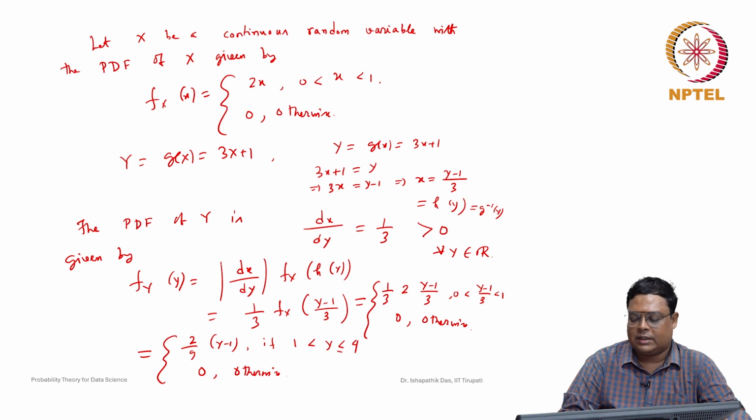If you do the integration, this value will not change whether you consider strictly less than or less than or equal to. So 2 by 9 (y minus 1) if y is greater than 1 and less than or equal to 4, you can write this also, but this does not change.